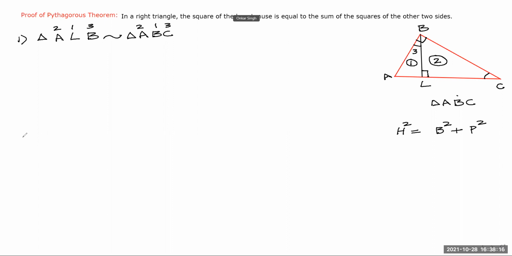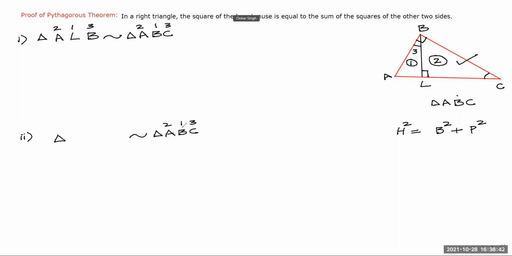From the first judgment, I will write something. Then there will be a second judgment. The triangle on the right side, the second triangle, is also similar to the whole triangle. So again, I have to write some triangle similar to triangle ABC, which is again 2, 1, 3. Can anyone tell the order of vertices of this triangle?